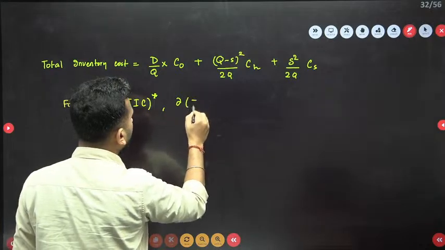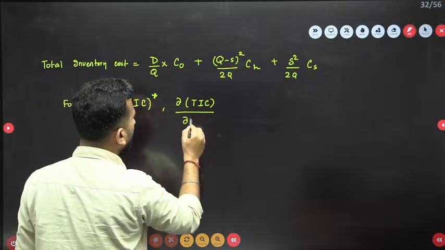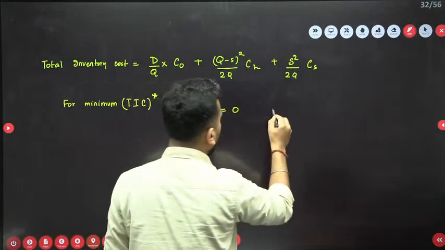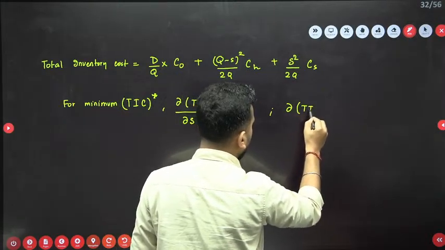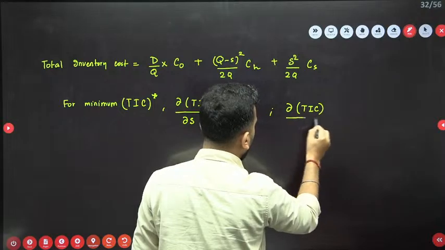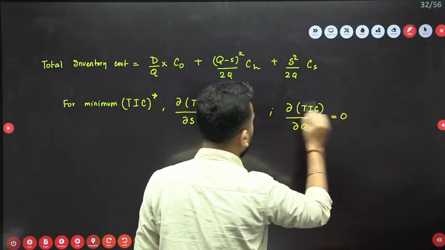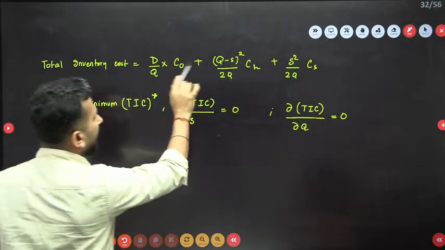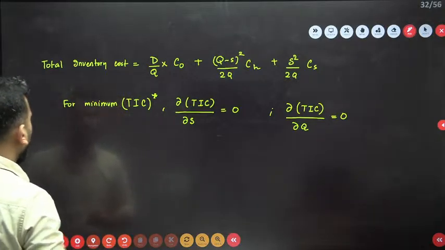Del TIC by del S equal to 0, you will get one equation, and then you will apply del TIC by del Q equal to 0, you will get another equation. I hope you can differentiate easily, but now you have to remember the result.